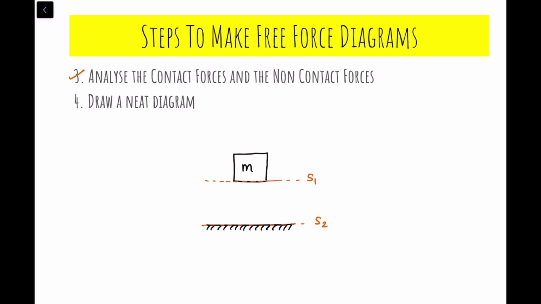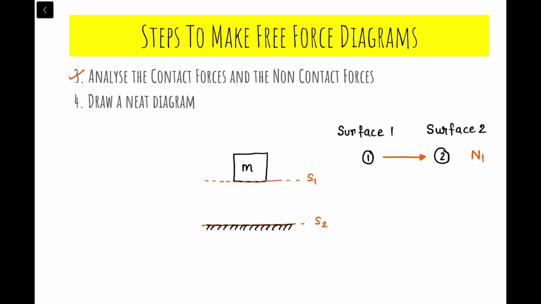For the representation of the contact forces, we'll write surface 1 and surface 2. Since surface 1 is in contact with surface 2, surface 1 will exert a force on surface 2, and the value of that force will be N1. Why is it exerting a force? Because when they are in contact, they exert forces on each other.